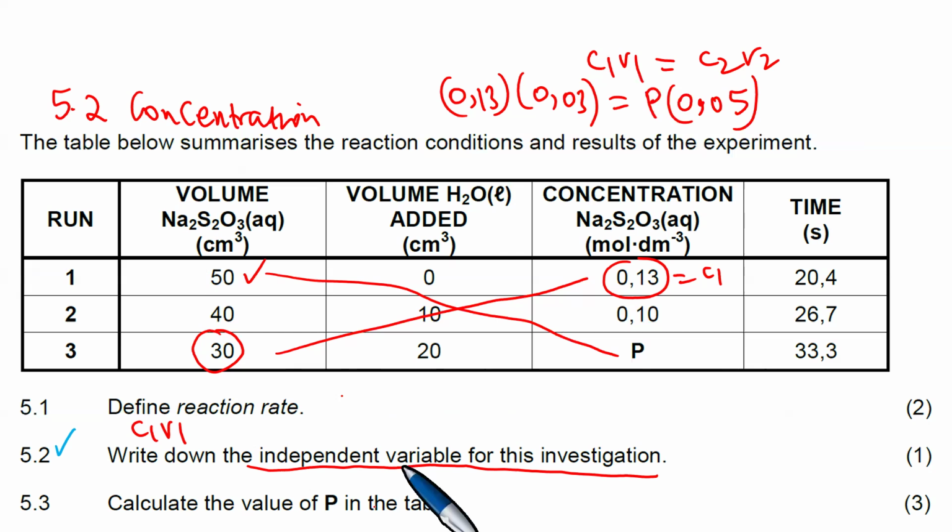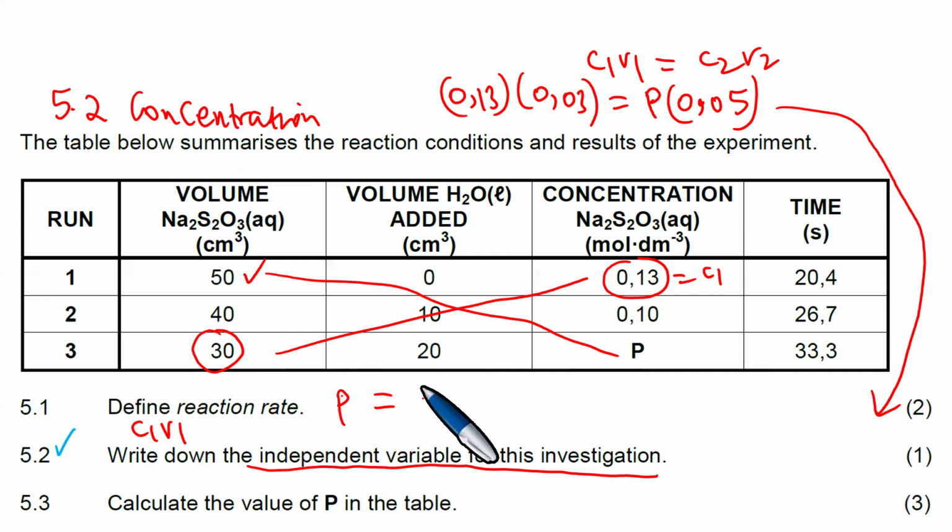We cross multiplied, because we have concentration 1, which is 0.13, related to volume 1, which is 0.03, and then concentration 2, which relates to P. If you continue with that, P is the same as 0.13 times 0.03 over 0.05. Then let's use a calculator just to check the answer here.